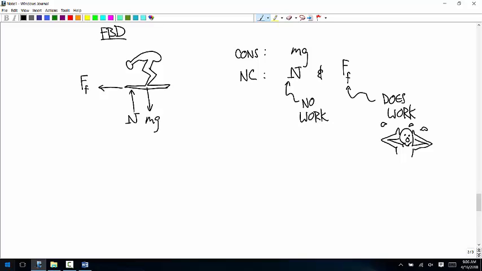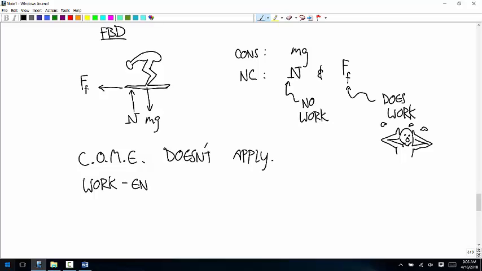And so remember that the conservation of mechanical energy doesn't really apply. So we have to think about this in terms of the work energy principle. Anyone remember what that says?